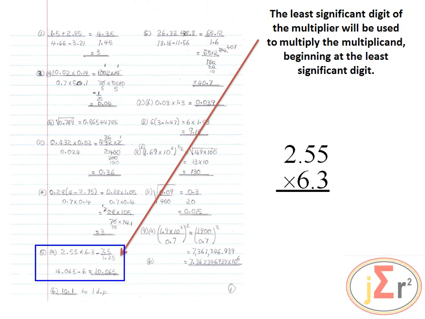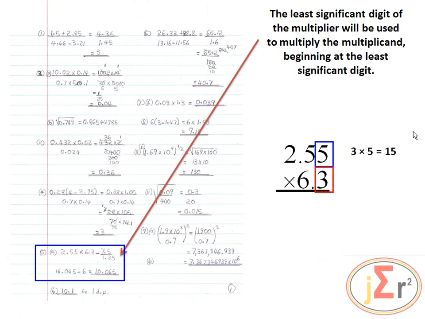We will multiply 2.55 by 6.3, and we will begin to multiply the numbers by taking the least significant digit of the multiplier, and we will multiply the entire number here beginning at the least significant digit.